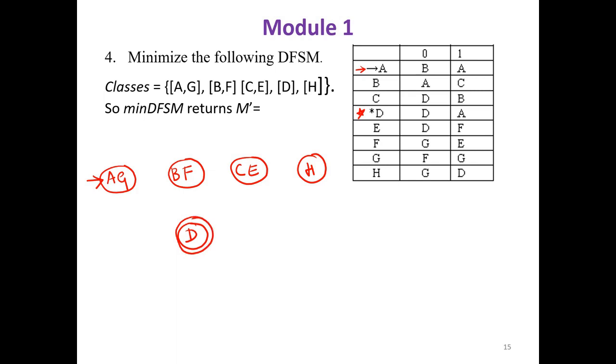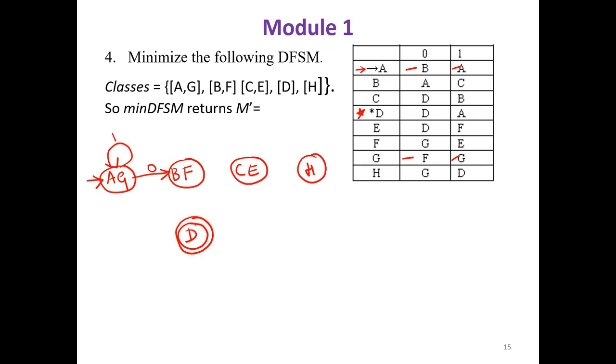Coming to the delta transitions, first state is AG. For 0 they are going to B and F. A1 is going to A, G1 is going to G. So AG for 1 is going to AG, that is a self loop.